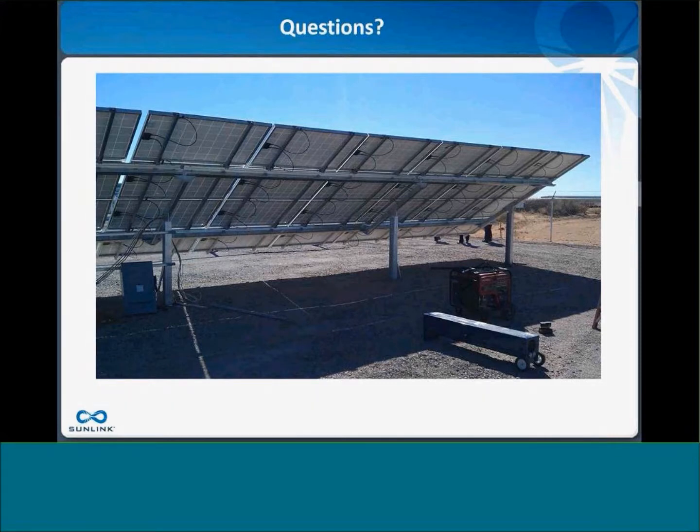And then another question: How can I determine if the system is certified as grounded? Well, you want to make sure that the system has an ETL or a UL report. The grounding certification is really 2703. It needs to be listed to 2703. It is a proposed standard.